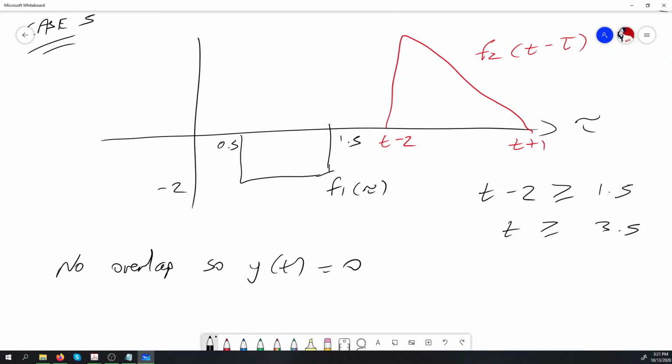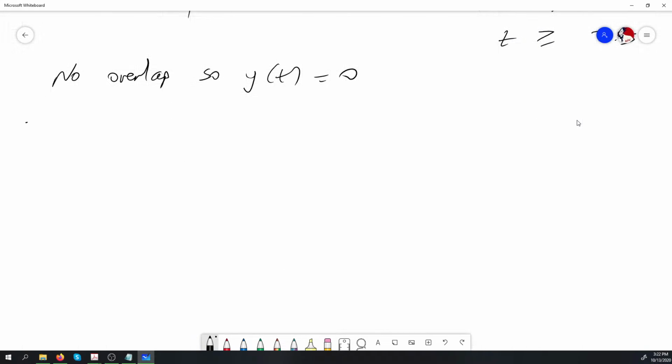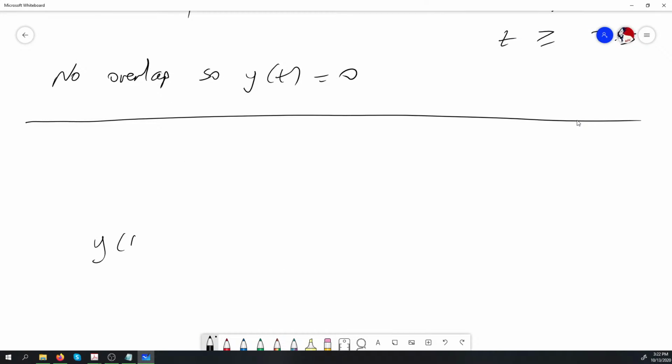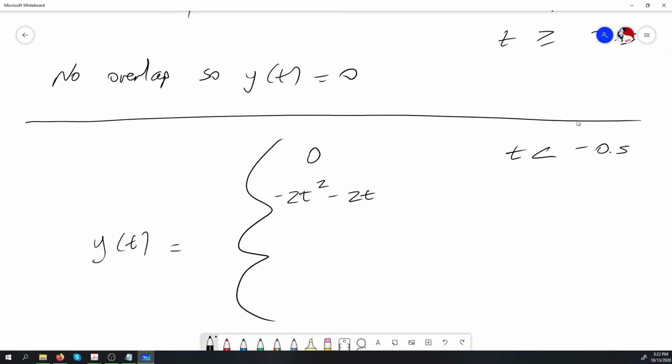And when we combine our answers for y of t, we have 0 for t less than negative 0.5, then minus 2t squared minus 2t minus 0.5 for a time range of negative 0.5 less than or equal to t less than 0.5.